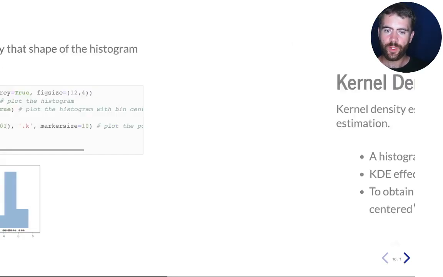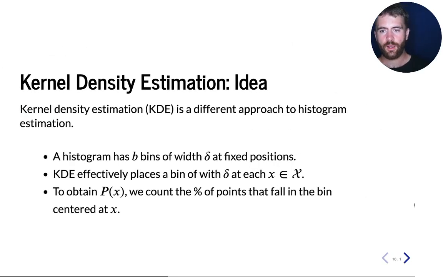And there's a simple way of removing this bad behavior, and it involves an idea called kernel density estimation. Kernel density estimation is the second algorithm for doing density estimation that we're going to see, and it's an extension of the histogram binning idea.